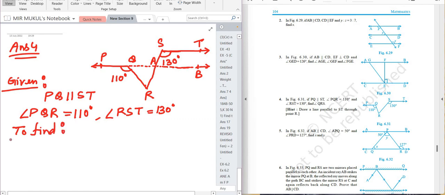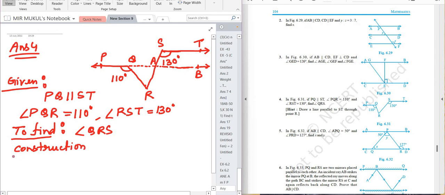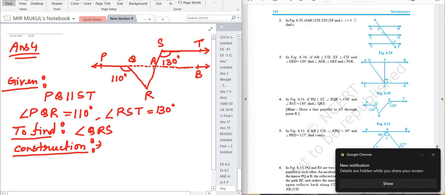Now to find angle QRS. Here one construction we did. Produce PQ to intersect SR at point A.